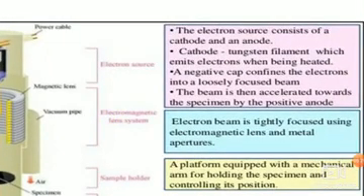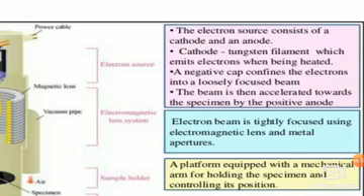In electron source, the electron source consists of a cathode and anode, where the cathode is made of tungsten filament, which is used to emit electrons when heated. A negative cap confines the electrons into a loosely focused beam.